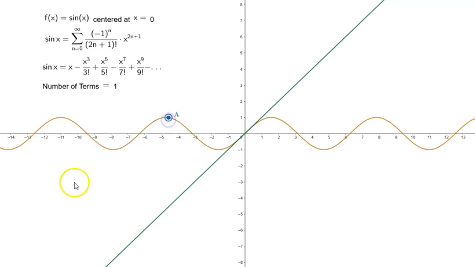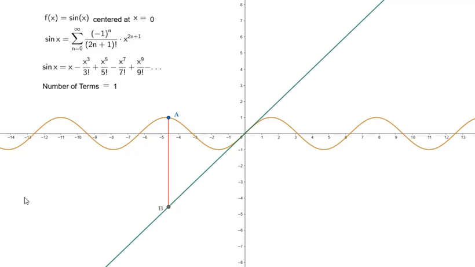So let's call it A. Let's draw a line through A parallel to the y-axis. And let's take the intersection between this parallel line to the y-axis and the polynomial. And let's join these two and let's get rid of this line.